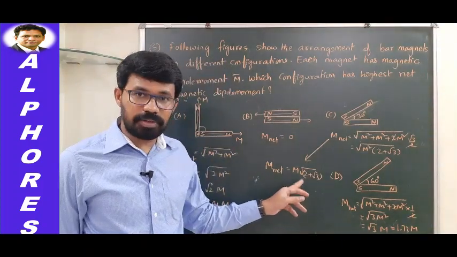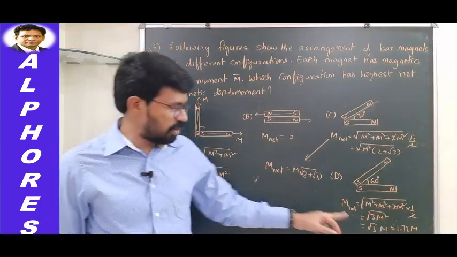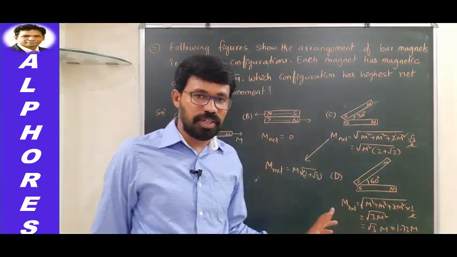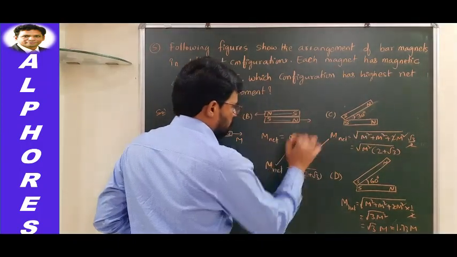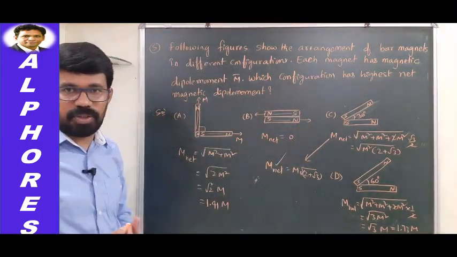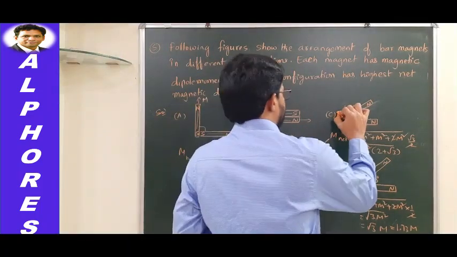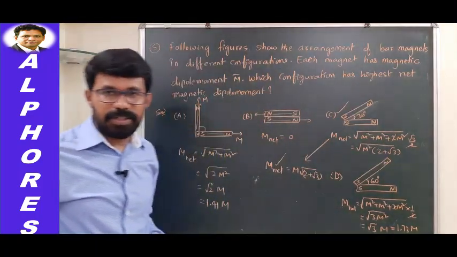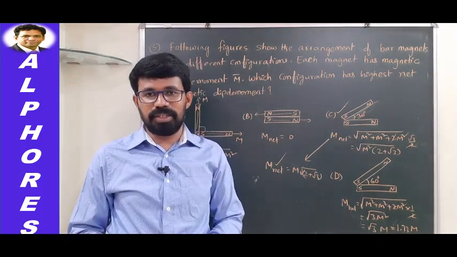Here you are having under root 3.732. So which one will be maximum? This one will be maximum when compared to this one, isn't it? So among all these values, for this configuration, maximum value of net magnetic moment is possible. So what is the answer in this case? This is option C. This is the answer. So that's how you can handle the problems connected with net magnetic moment.